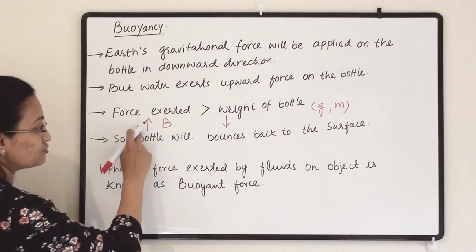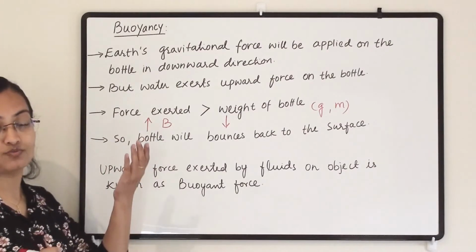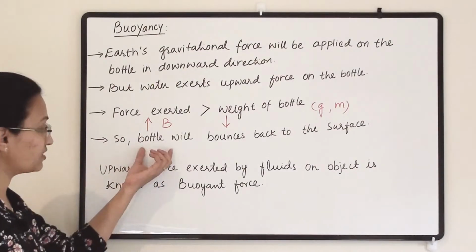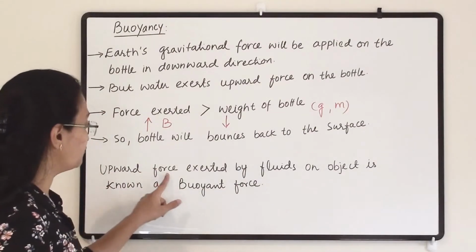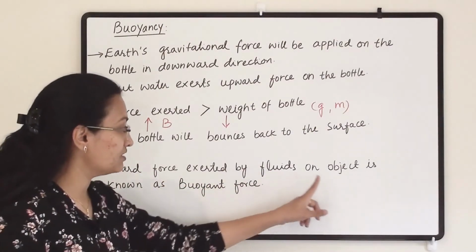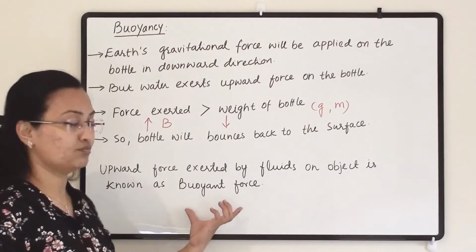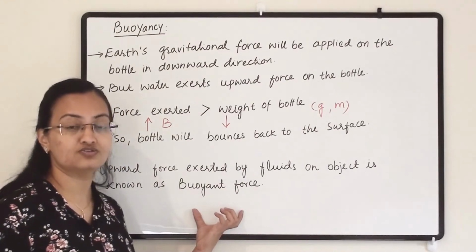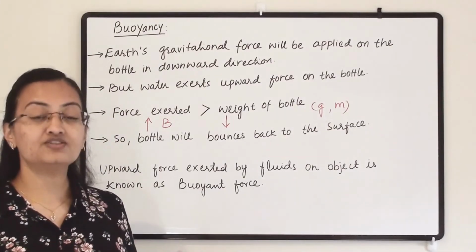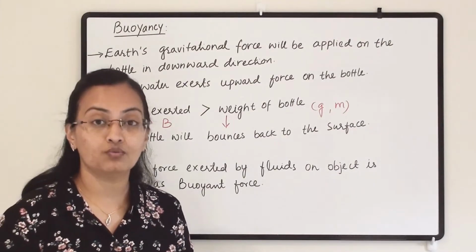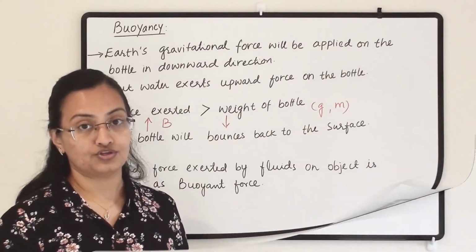That is greater, so that's why the bottle will bounce back towards the top of the water and it will float on the surface of the water. Upward force exerted by fluids on an object is known as buoyant force, and this phenomenon is known as buoyancy. And because of this reason, larger ships can sail on the water or in the ocean.